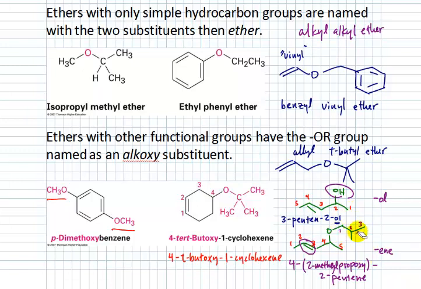Things like ethers or alkyl halides or whatever else is just a substituent on the rest of the molecule will not necessarily have the numbering priority if there's something like an alkene here, which sort of has the last word. Okay? So alcohols have priority over alkenes, but alkenes have priority over ethers, because if we're doing IUPAC naming like this, the ether is just another substituent on the alkene.